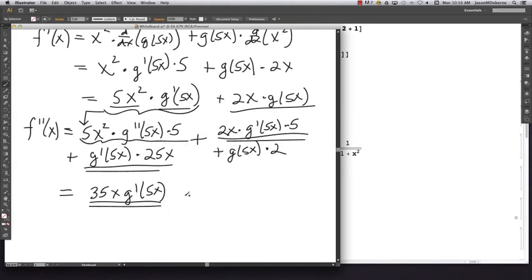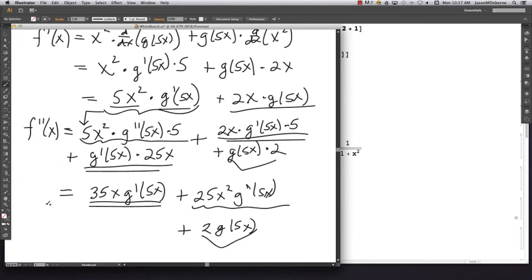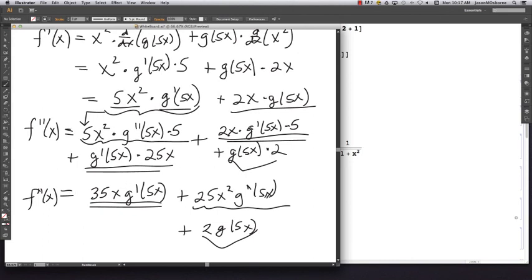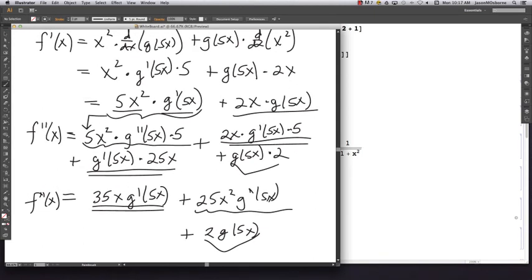This is all by itself at 25x squared, g double prime of 5x. That would be this piece. And then this is all by itself at plus 2g of 5x. And there would be your answer for f double prime of x. Okay, alright, so ends this video on quiz number 6 solutions.